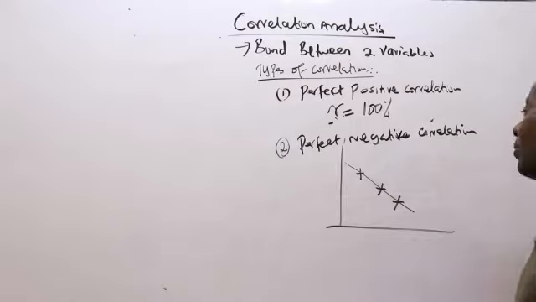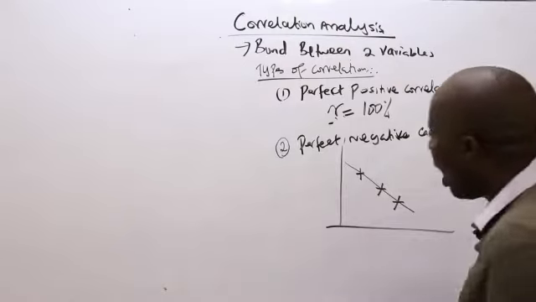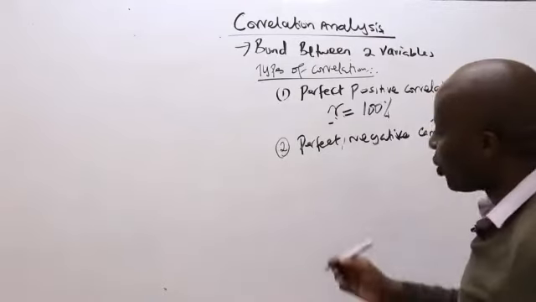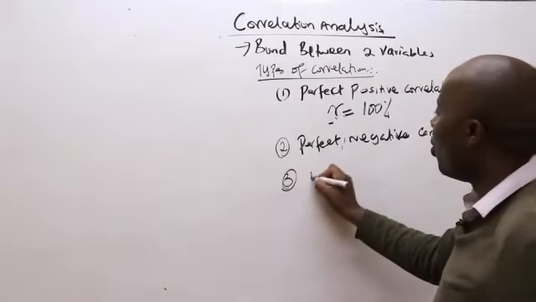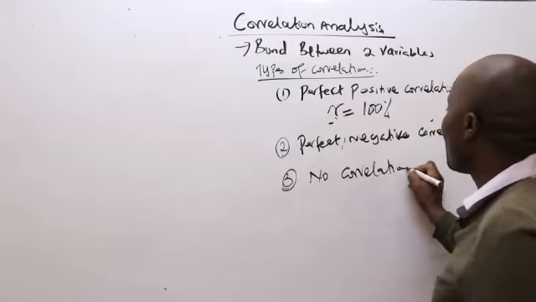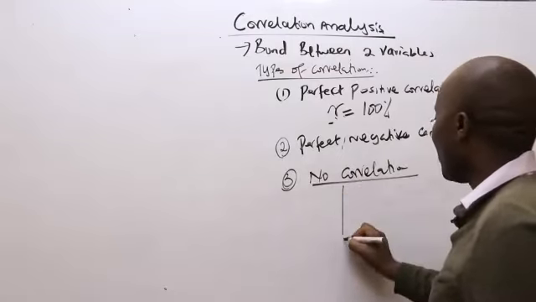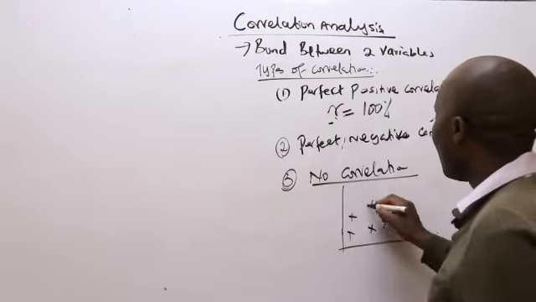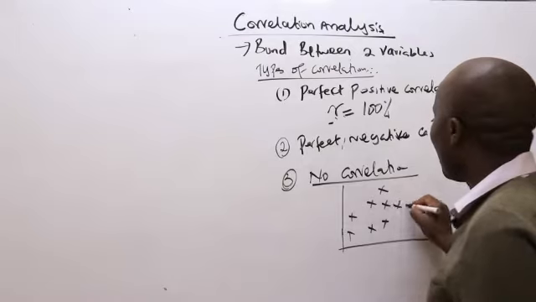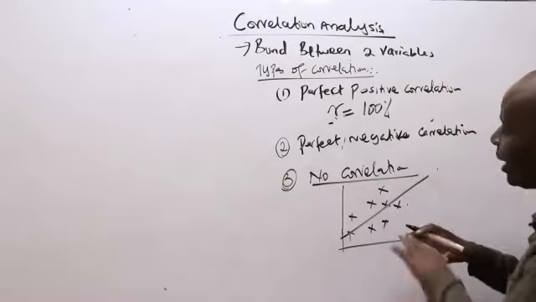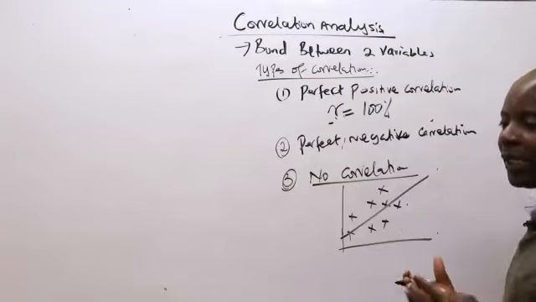From there, ladies and gentlemen, we have a situation where the two variables are not related at all. Number three, no or zero correlation. In this case your points are scattered on a scatter diagram. Even if you draw a line of best fit, there is no clear pattern being discerned.